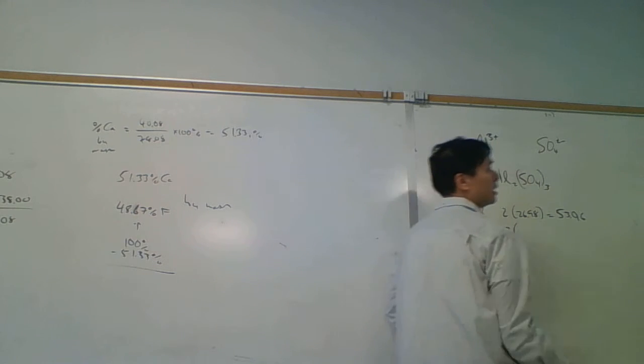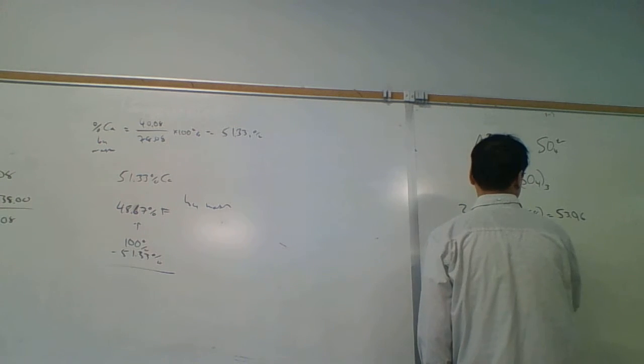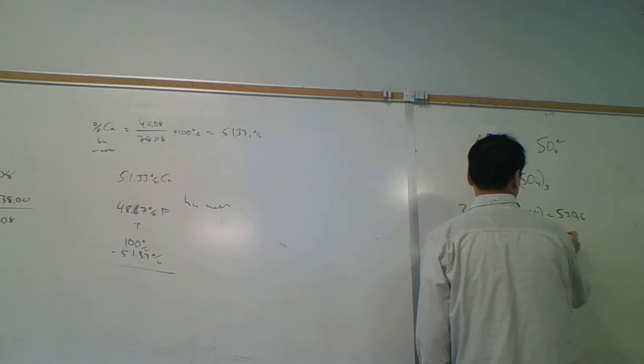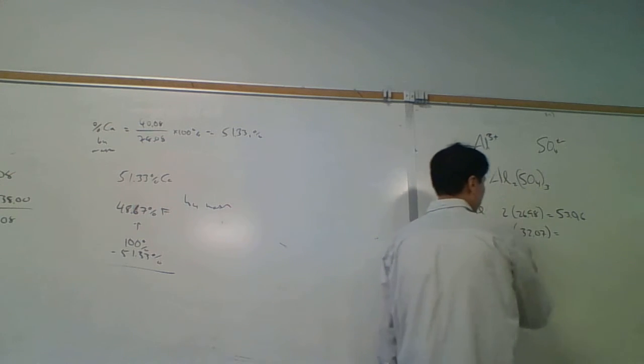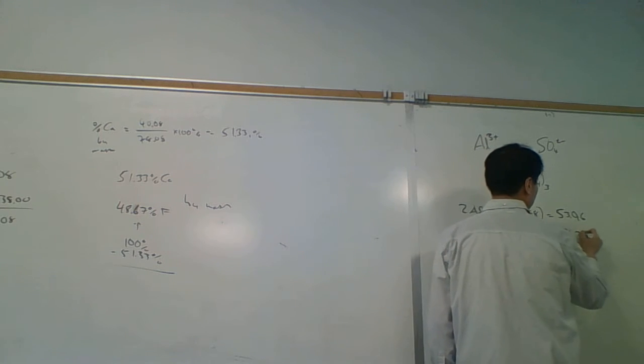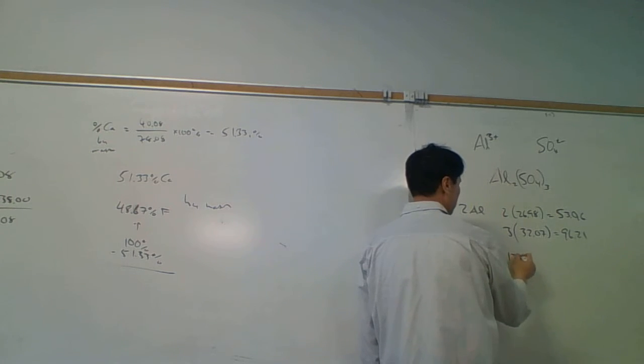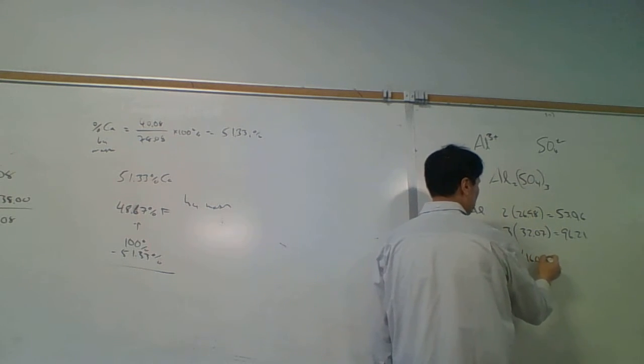3 sulfurs. It's going to be 3 times 32.07. So 3 times 32 would be 96.21. And then 12 oxygens. 12 oxygens is 12 times 16.00.